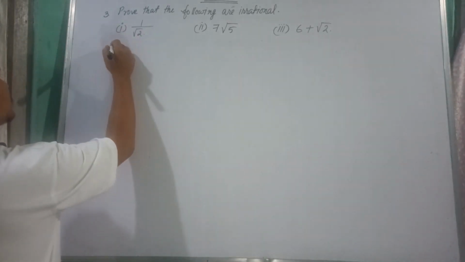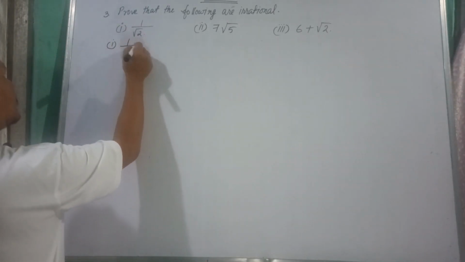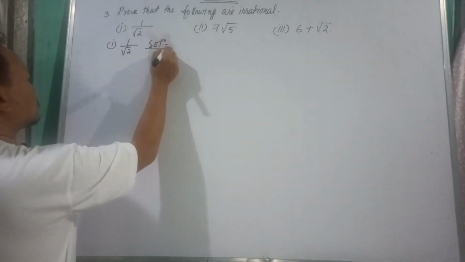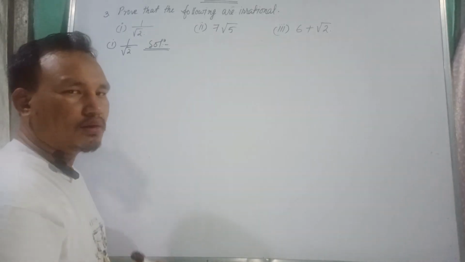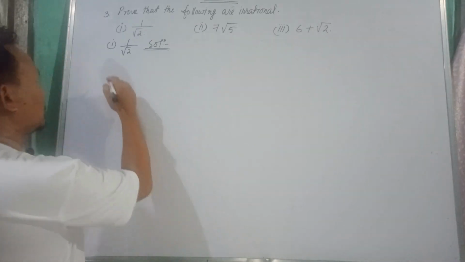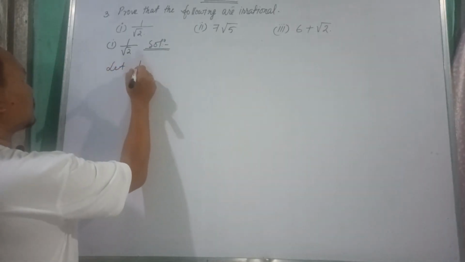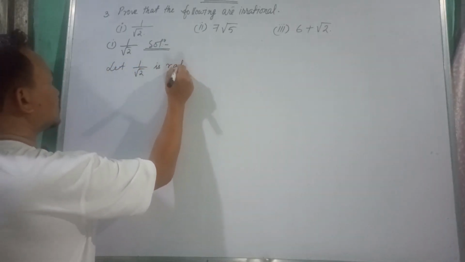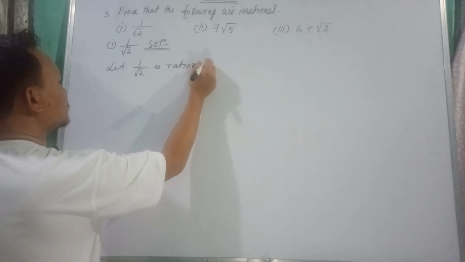Okay, so 1 by root 2, and let us do the solution of this. So first, what we have to do, let us assume the opposite. Let 1 by root 2 be rational.